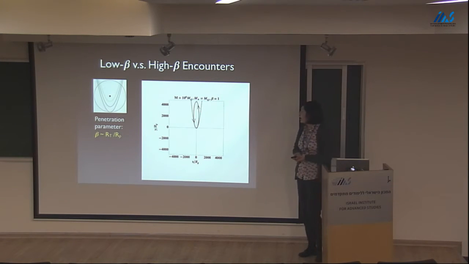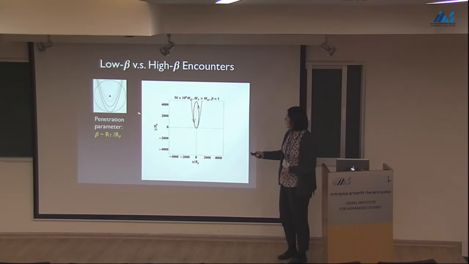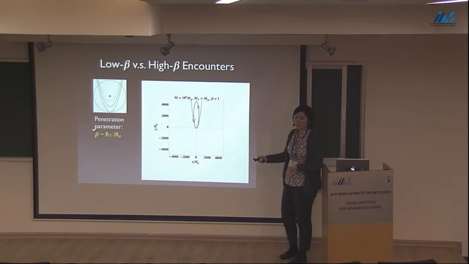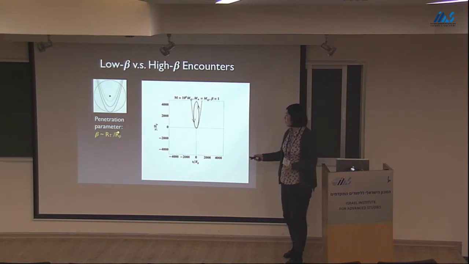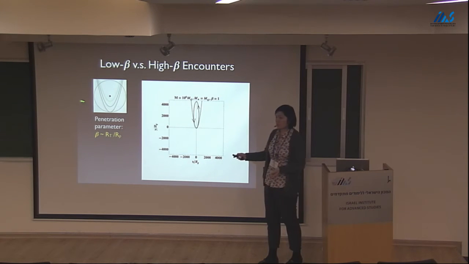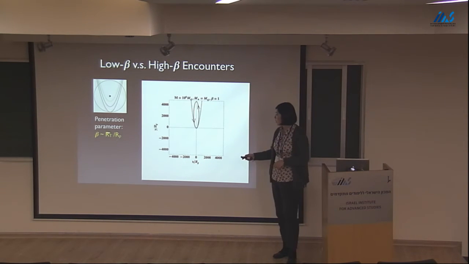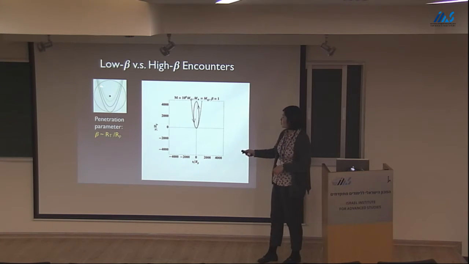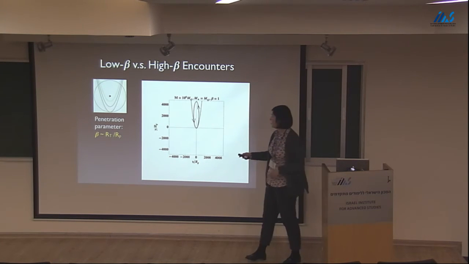What is a high beta orbit? Let me remind you again, what is beta? Beta is the penetration parameter. It is defined by the tidal radius divided by the pericenter distance. For fixed star-black hole disruption, R_T is fixed, but you can always vary R_P so the star can penetrate deeper and deeper into the potential well of the black hole.